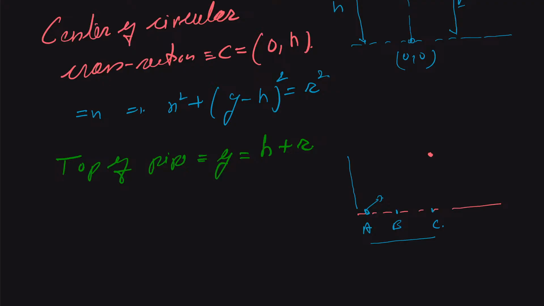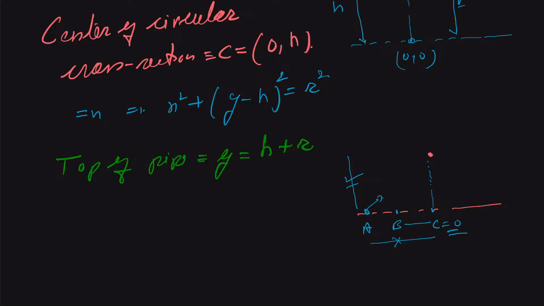And if we launch from point B, it is going to travel a horizontal distance that will be less as compared to A, and the vertical distance will be the same for B as well. Whereas if we launch from C, it is only going to travel the vertical distance. At C, the horizontal distance will be equal to 0.